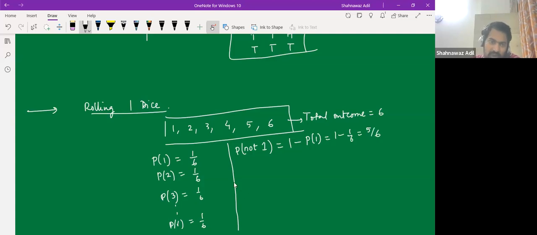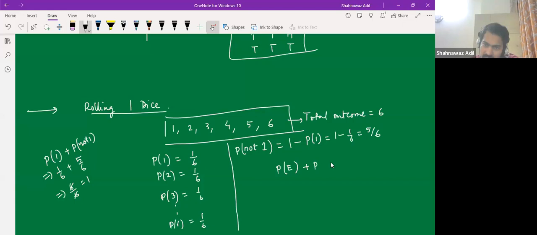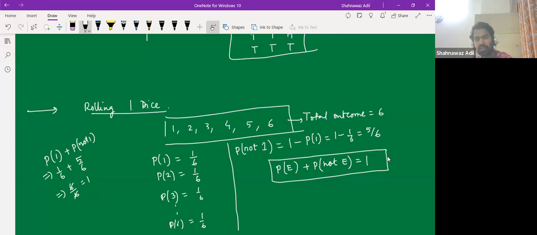If you add the probability of 1 and the probability of not 1, 1 by 6 plus 5 by 6 is 6 by 6, which is 1. So the probability of an event plus the probability of not getting that event is always 1. This follows the unitary condition. This one is also important.